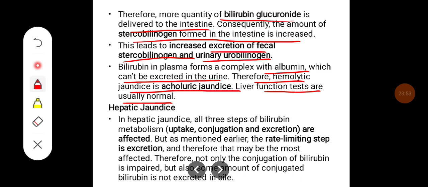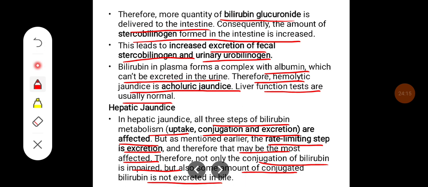In hepatic jaundice, all three steps of bilirubin metabolism, that is uptake, conjugation and excretion, are affected. But as mentioned earlier, the rate limiting step is excretion, and therefore that may be the most affected. Therefore, not only is the conjugation of bilirubin impaired, but also some amount of conjugated bilirubin is not excreted in bile.